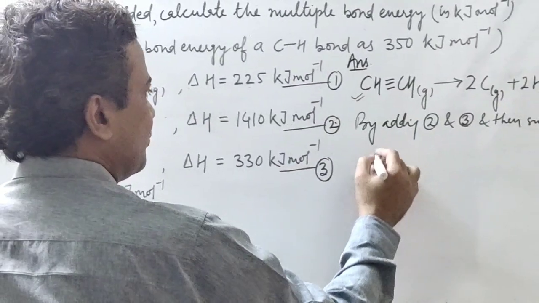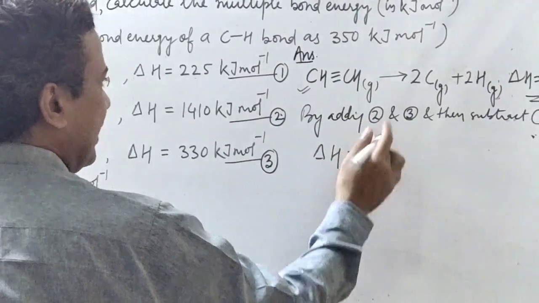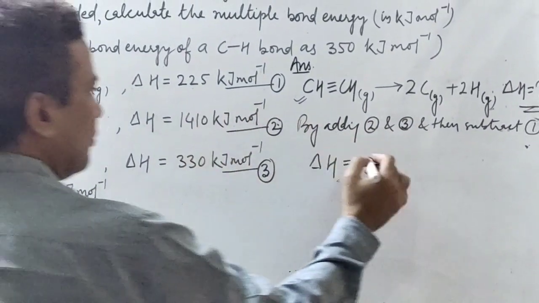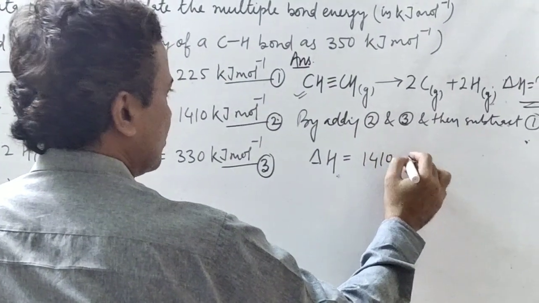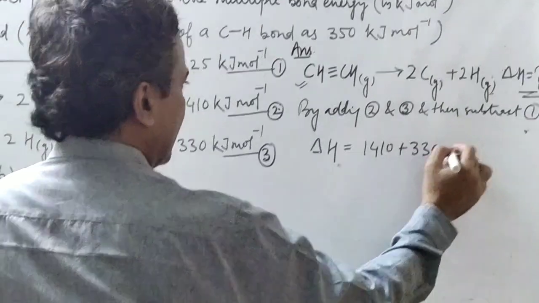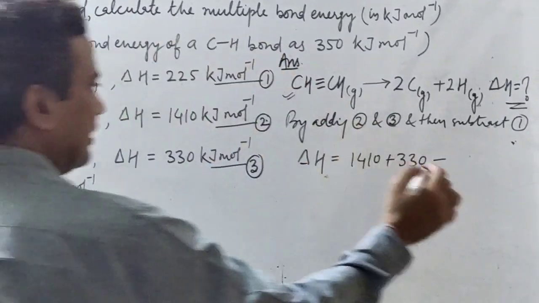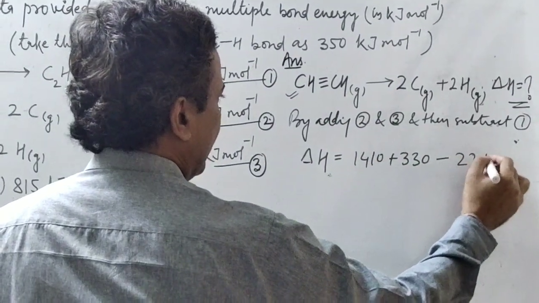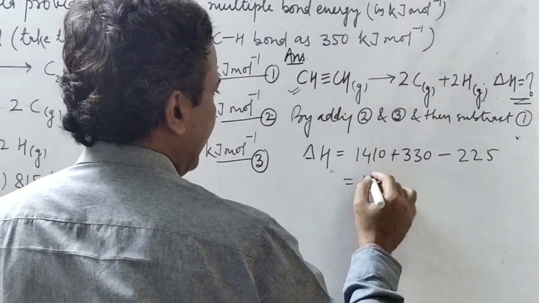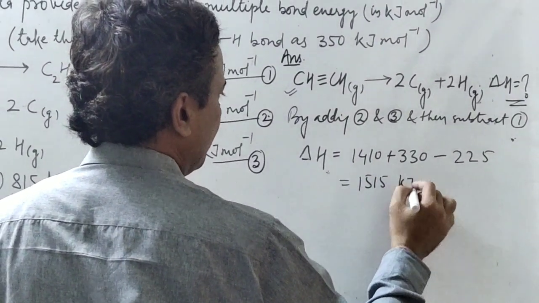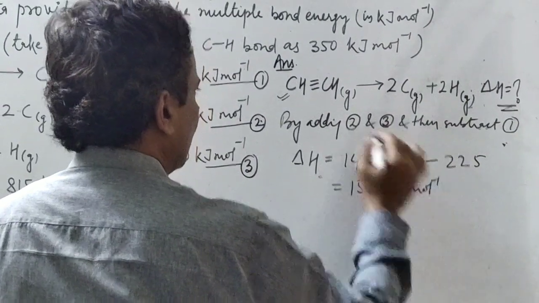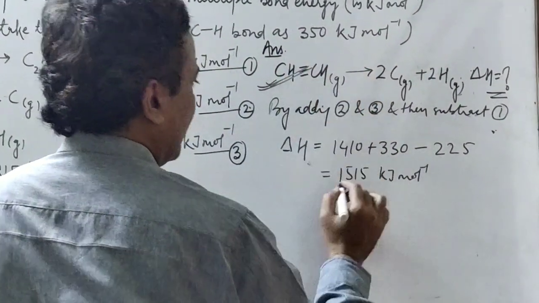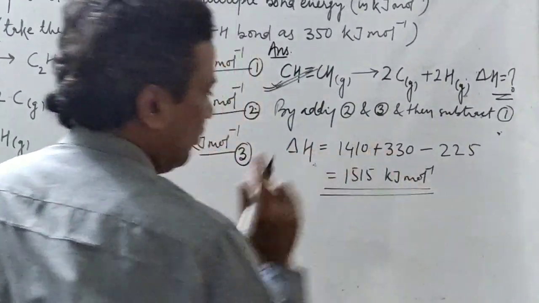For that, delta H will be adding the delta H of second and third reaction, 1410 plus 330, and subtracting the delta H of first reaction, means 225. It gives you 1515 kilojoule per mole. So for this reaction, delta H is 1515 kilojoule per mole.